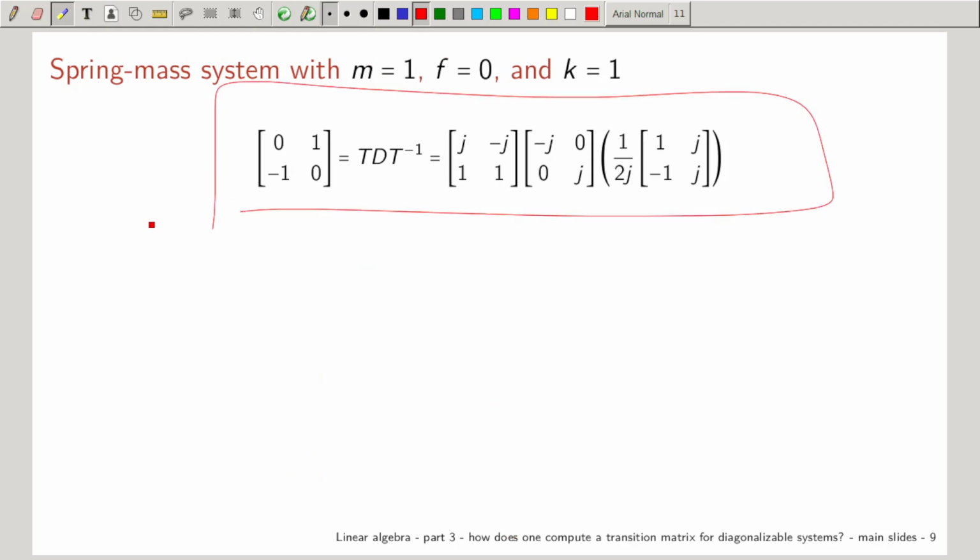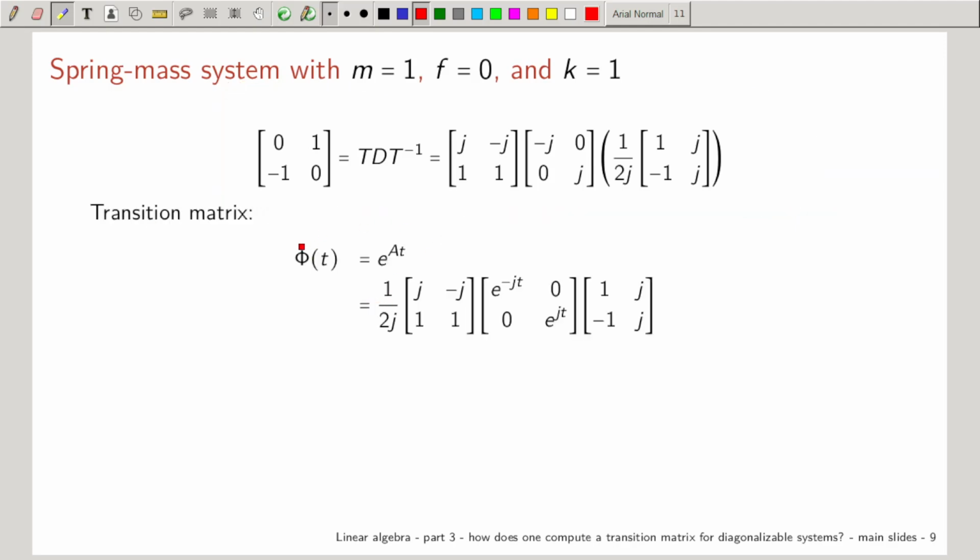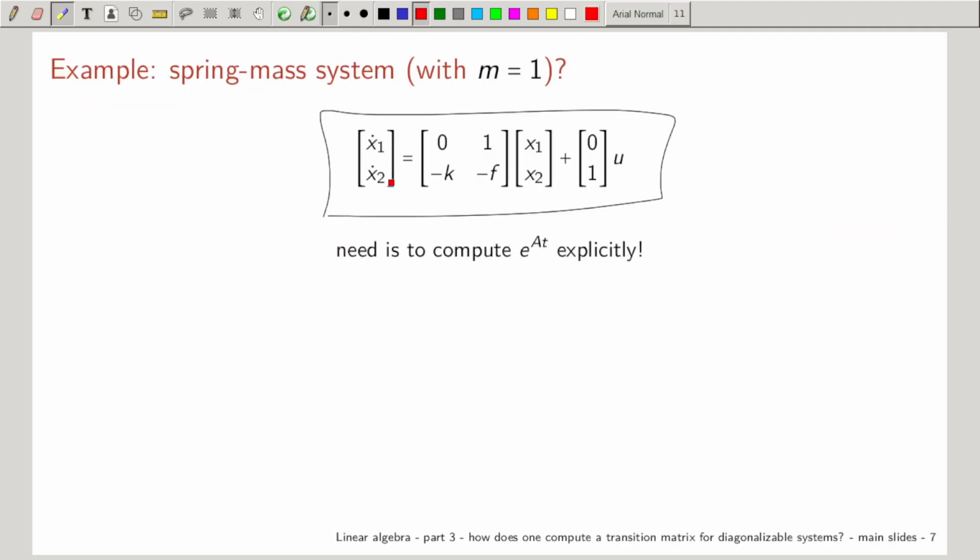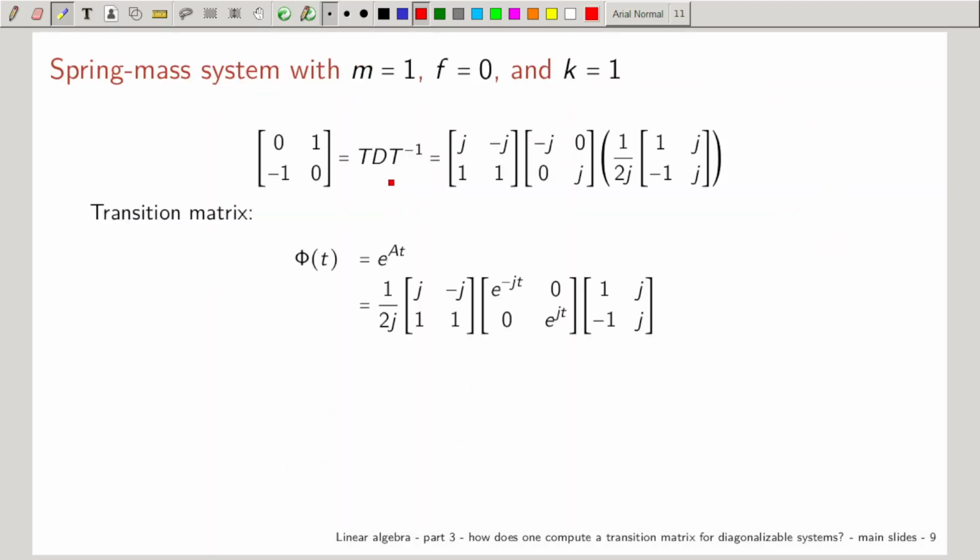Now, whenever we compute the transition matrix, essentially it is going to be this one, because it's going to be T e^(Dt) T^(-1). I think I might have forgotten the slide to say it, or forgotten to do the derivation. Let's do it. This one is equal to what?